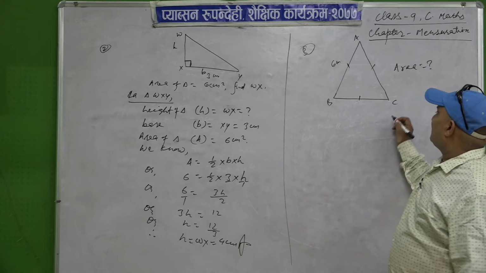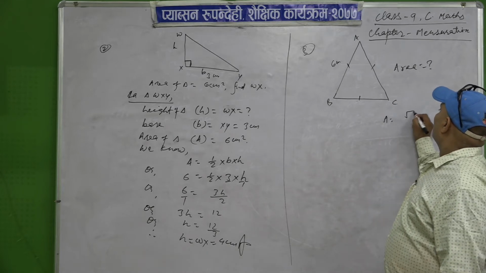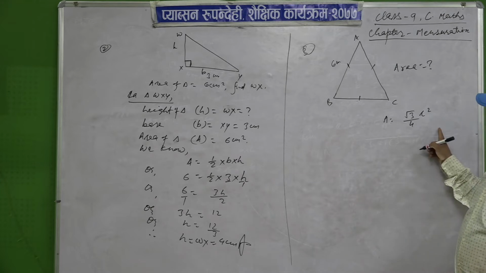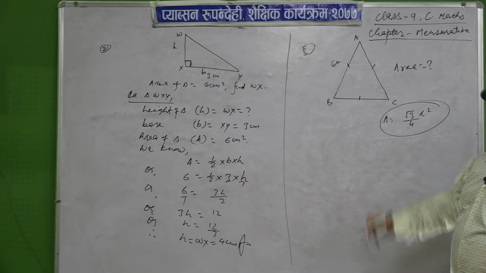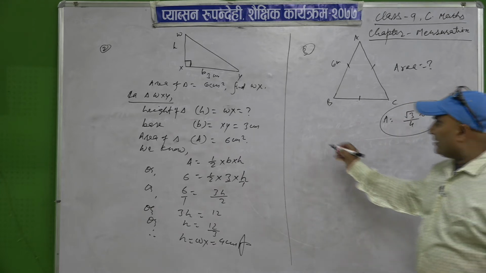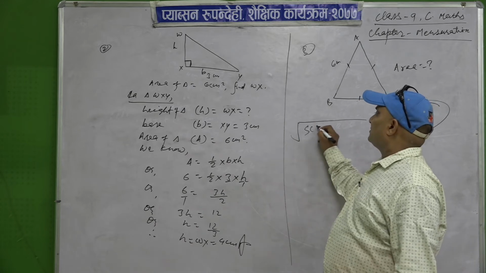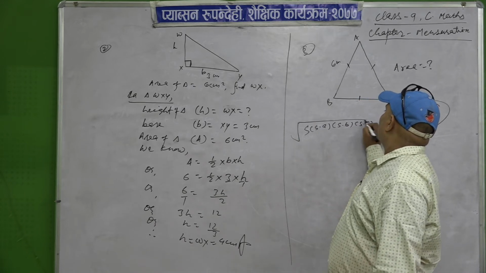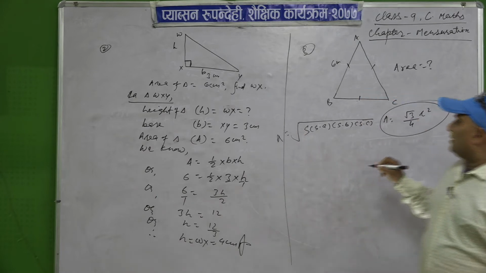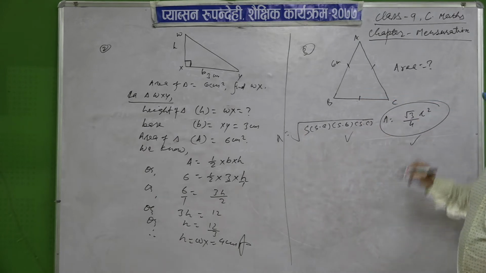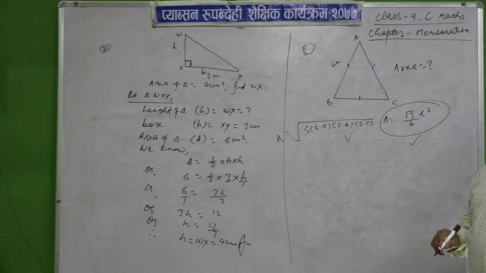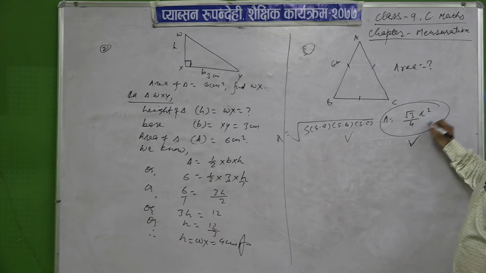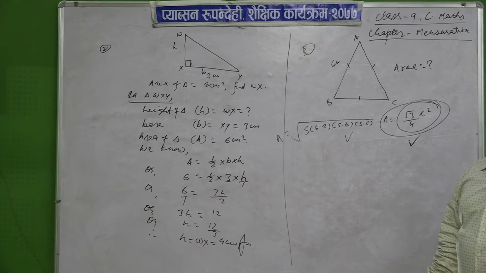I think yes, and that formula is area is equal to root 3 by 4 L square. If we use this formula, we can get very easily the area of the triangle, and we can use the other formula also, but it takes some time. So what I suggest you is that you can use that formula also, but to simplify, you use this formula. Okay.